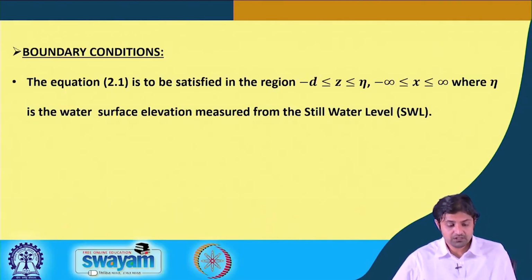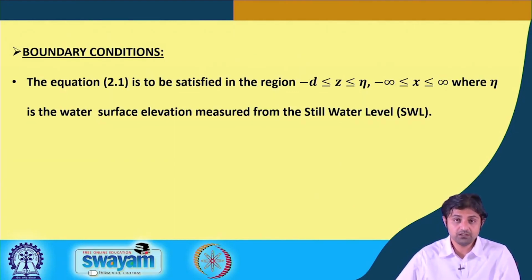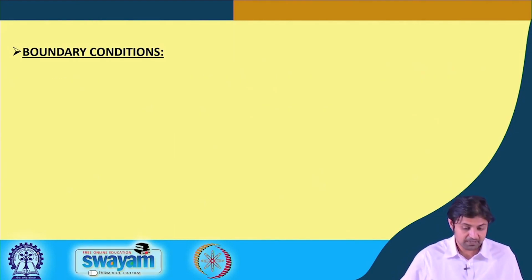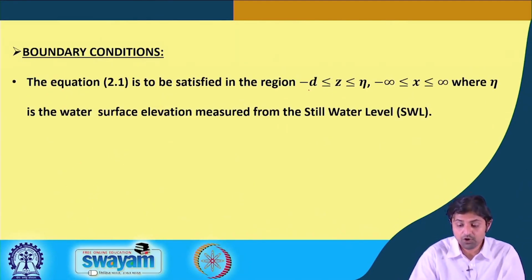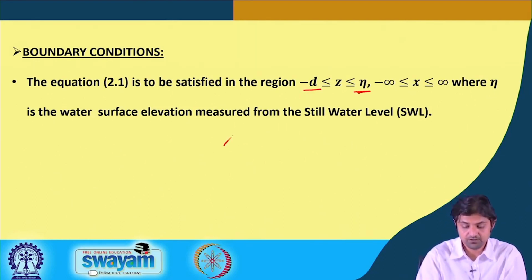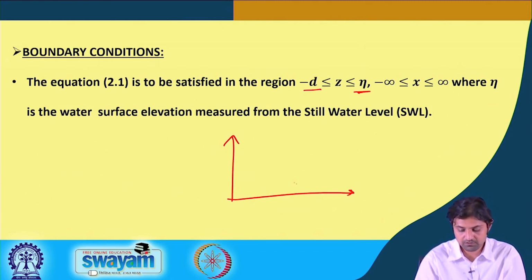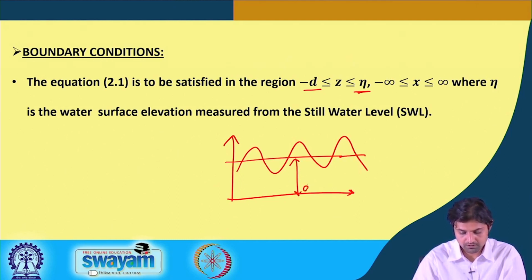Now, the boundary conditions, equation 2.1, this Laplace equation is to be satisfied from the water depth. If we say the water depth is minus d to the free surface of the wave, so the origin is at the free surface.